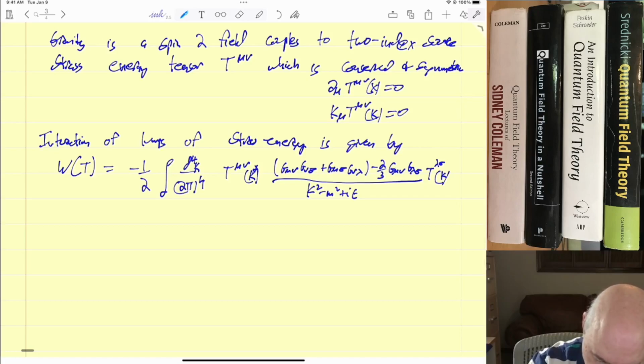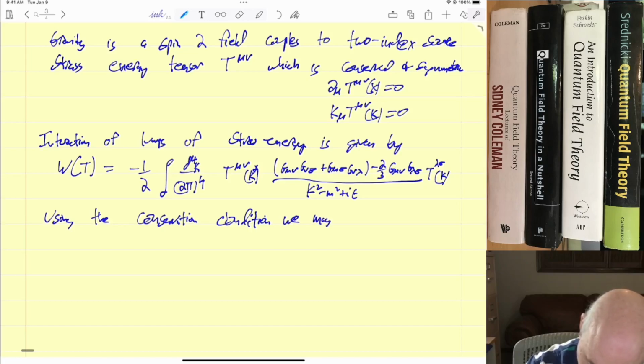Now, using the conservation condition, we may, as in the EM case, replace the k terms by G mu nu.